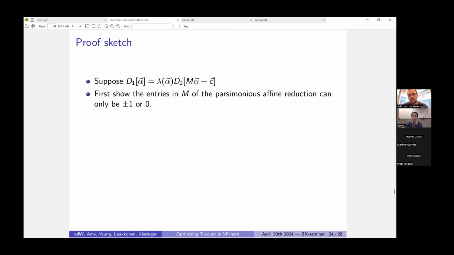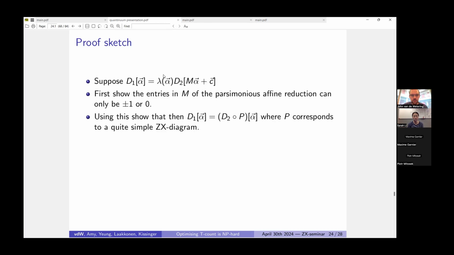Now, first we show that the entries of M can only be plus or minus 1 or 0, so they cannot be 2 or 3. You can check that if we have an alpha on one side and a 2 alpha or 3 alpha on the other side, then the only way this can be true is if alpha doesn't actually change anything in the diagram, if it only influences the scalar factor, and this cannot happen in a quantum circuit.